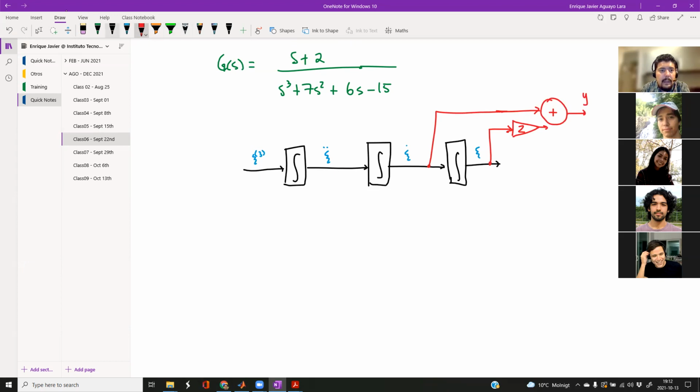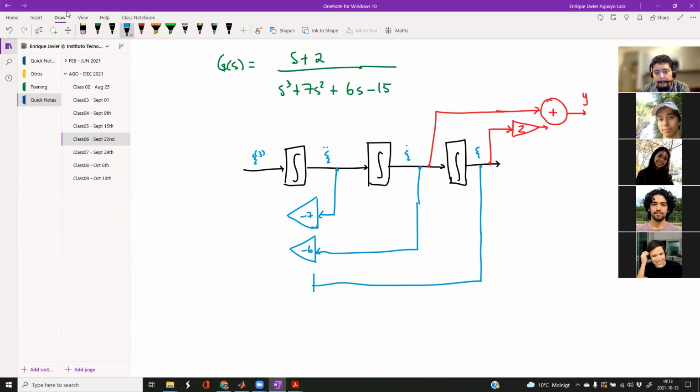And in the same way, we would have these ones. So this would be multiplied by a -7. This one multiplied by a -6. This one multiplied by a +15.